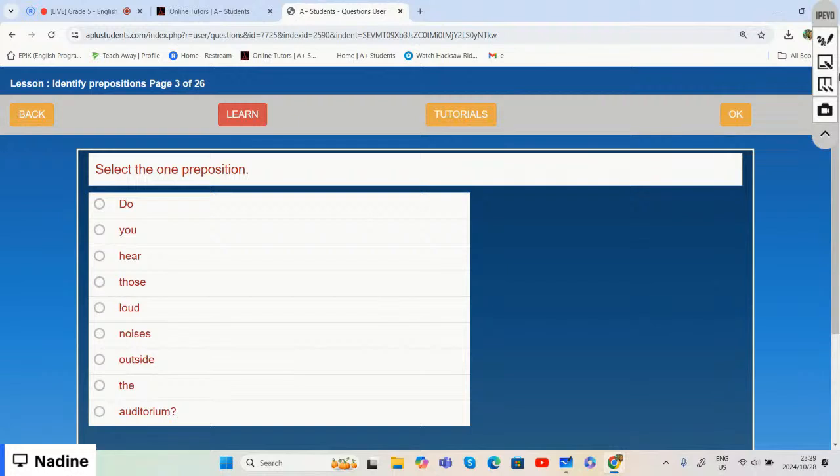The next one says we need to select the preposition. Do you hear those loud noises outside the auditorium?